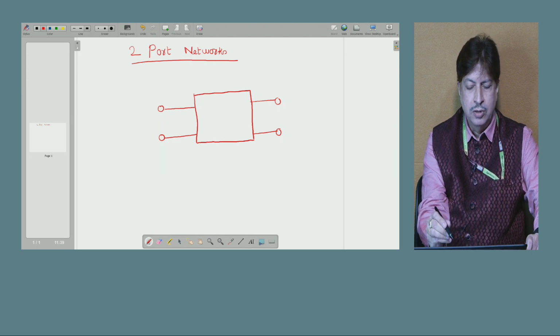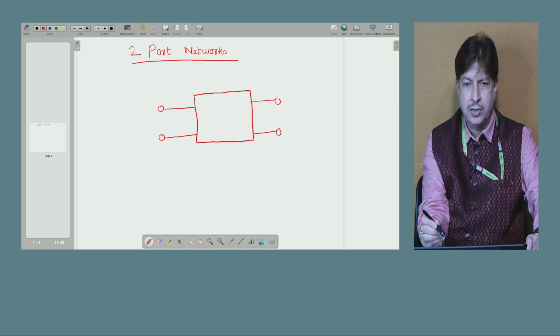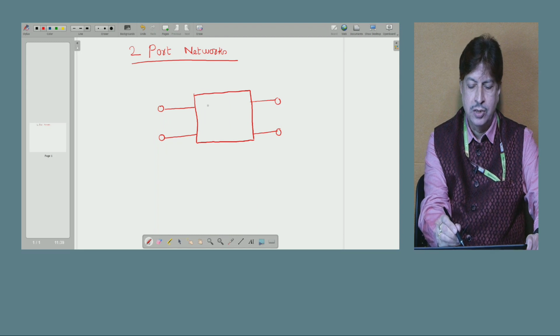Now this particular box with the two terminals on the input side and two terminals on the output side is known as a two-port network.